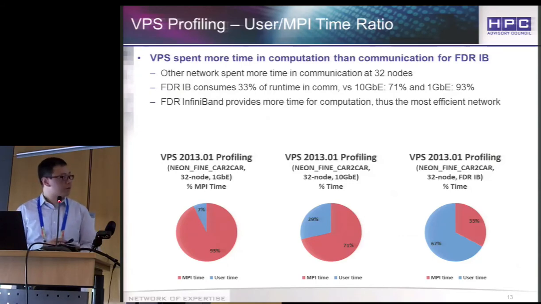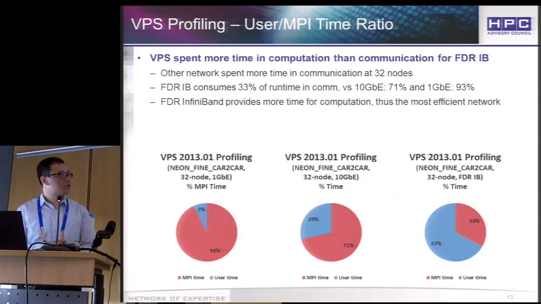What I'm showing you right here is the amount of time the application spent either in user time or in MPI. For 1 gig E, you will see that a majority of the total runtime, about 93%, is actually spent on MPI, meaning that it's the 1 gig E communications that's going on.